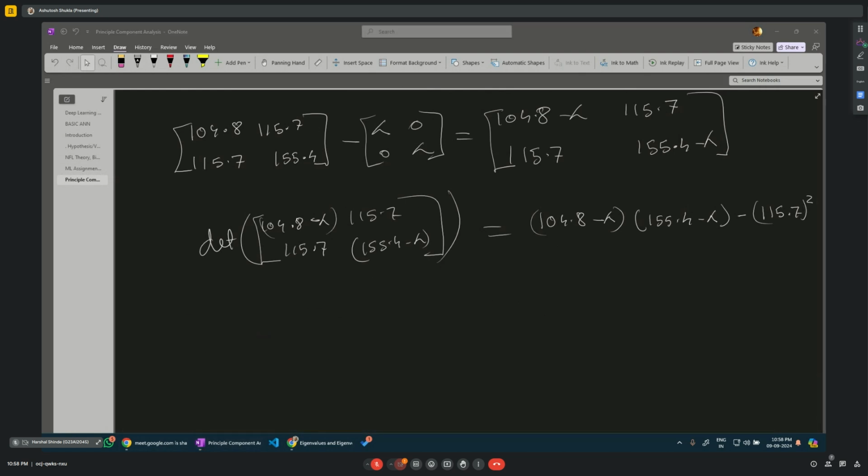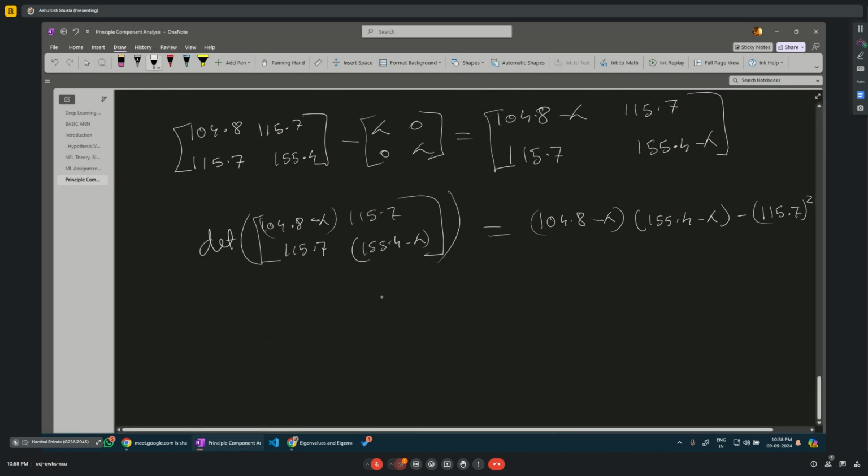First of all, 115.7 multiplied by 115.7 is 13,386.5 approximately. So the determinant equals something minus 13,386.5 at the end.